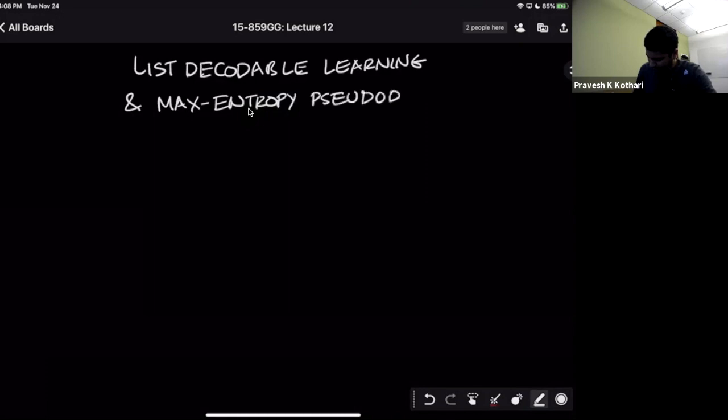We'll see one example as usual, and I'll get to tell you about some new aspects that might be interesting in designing algorithms with the sum of squares method. And so one new aspect that we'll study today is this idea of maximum entropy pseudo distributions and how they play a role in algorithm design.